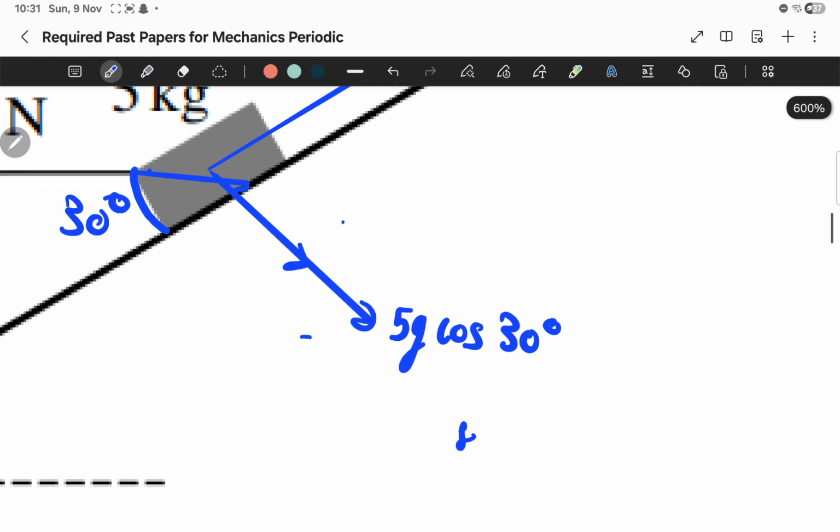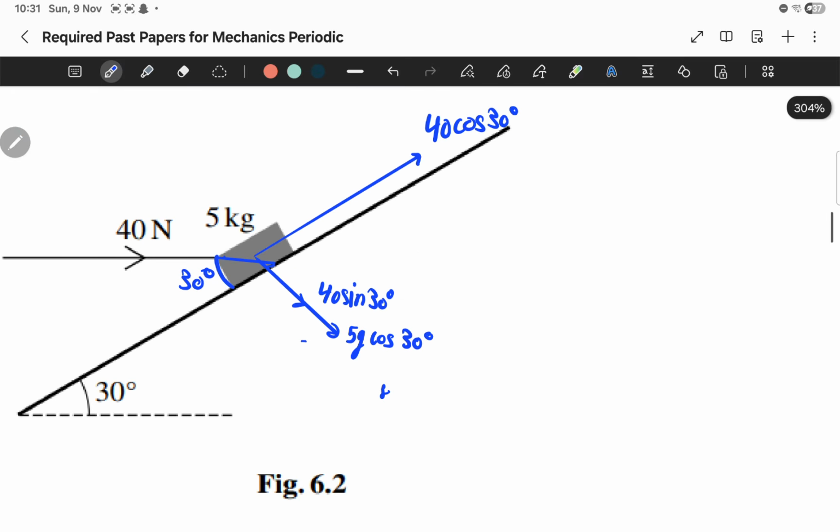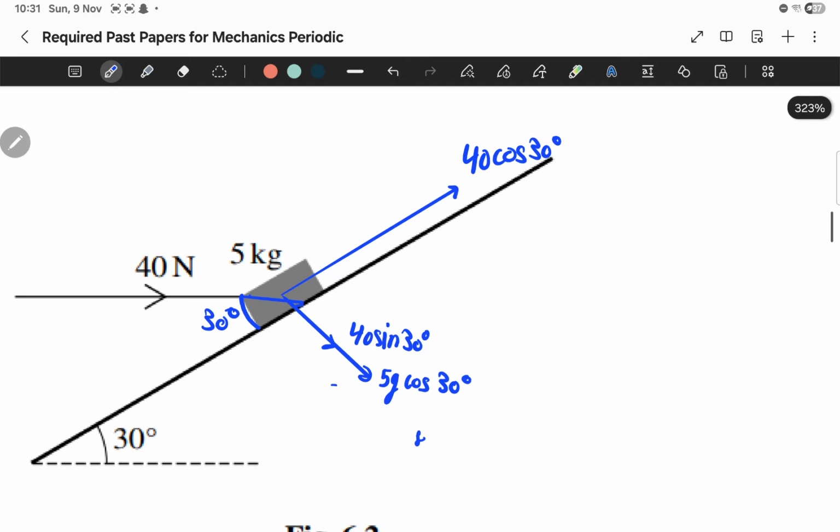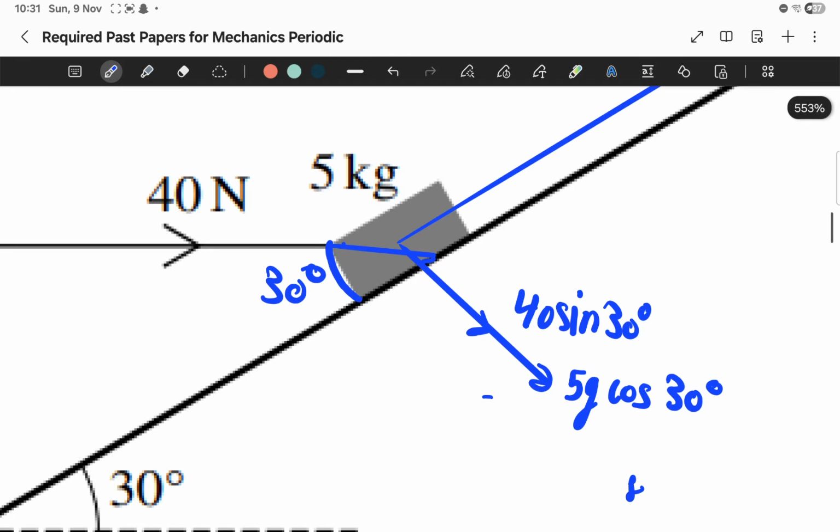So here you can write 40 sine 30. Now, obviously, you know the magnitudes of these. It's common sense. We've established how to do this 50 million times. Fy is F sine theta. But why did I do this triangle? Because we don't have the direction. How was I supposed to know if it goes up or if it goes down? This just helped me to establish that it does go down.